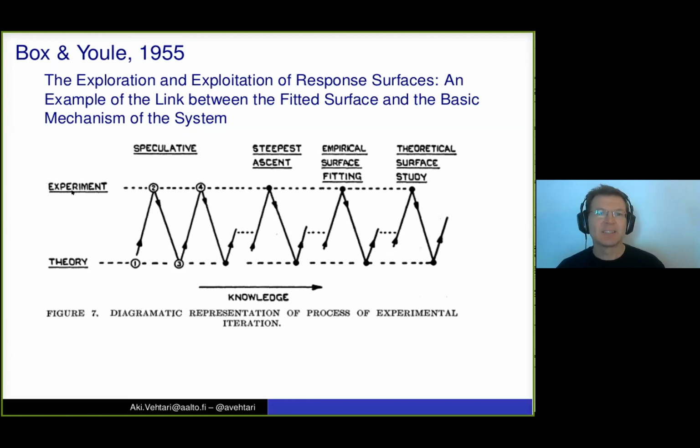And it had this nice figure Box also used later, which, instead of an iteration, has this arrow of time and increase in knowledge, in a way that you have a model, you get more data, you update your model, you get more data.